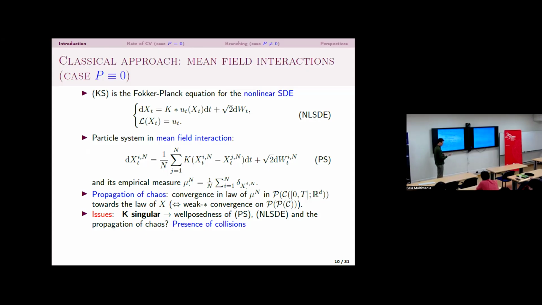It's been known that in this particle system, for the Keller-Segel equation in dimension 2, there are collisions of particles. That means that particles will touch, which is clearly a problem here because this is not defined if two particles are at the same place, right?